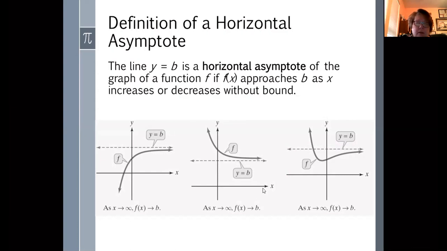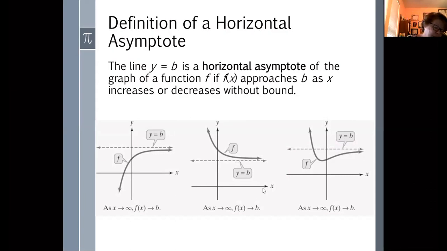So what this means is this is a value that y approaches as x goes to infinity or negative infinity. So it's just a value. And yes, our graph can cross, it can touch horizontal asymptotes.